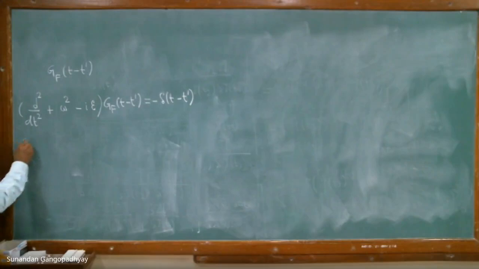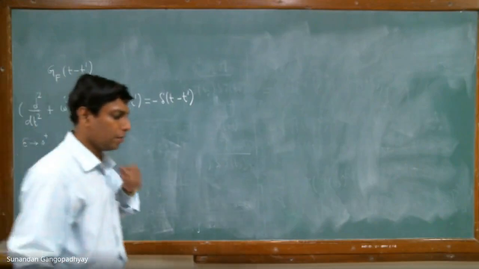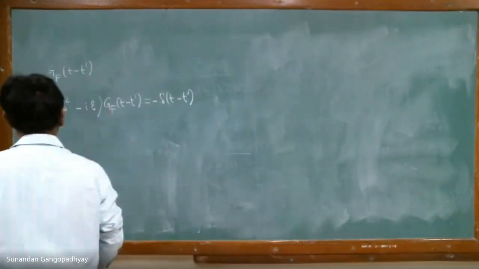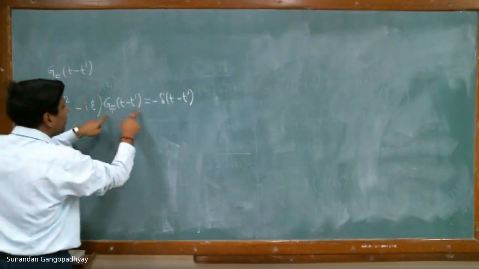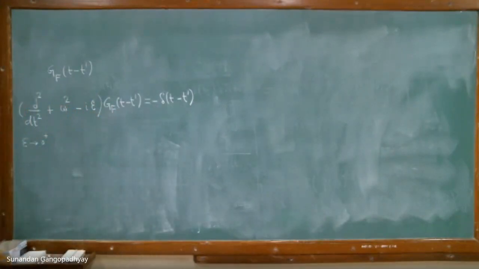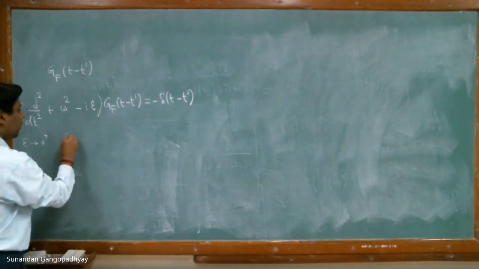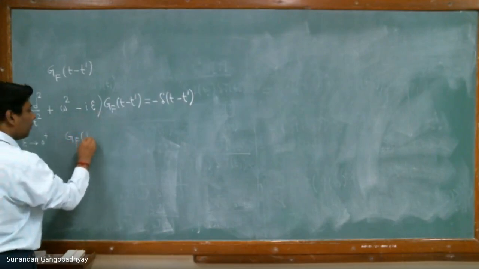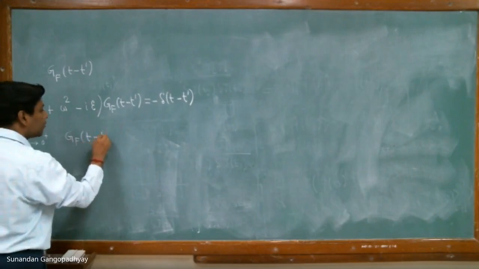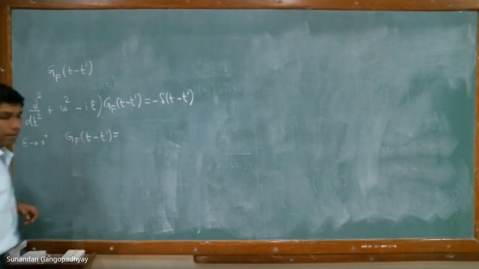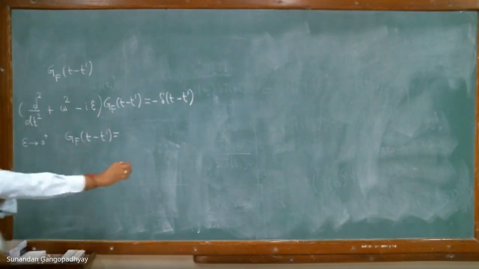Where epsilon is a very small positive number. Epsilon approaches 0 from the positive side. It is a small positive number, epsilon is greater than 0. And this function Gf of t minus t prime is the Feynman Green's function. And we made a Fourier transform. I don't remember, I did not use a 1 by 2 pi.